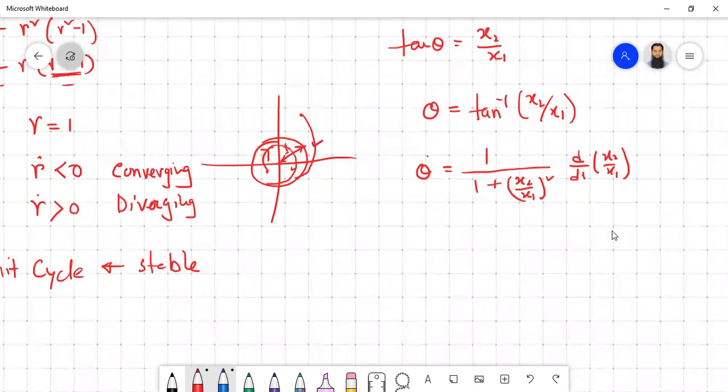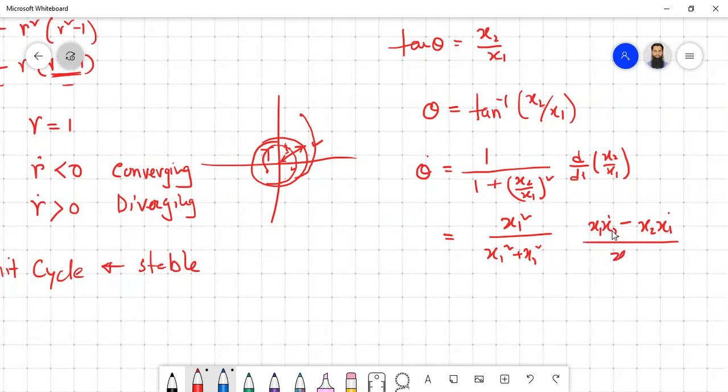So finally, if we simplify x1 square plus x2 square, and take the derivative of that, then it will be x1 x2 dot minus x2 x1 dot, divided by x1 square.